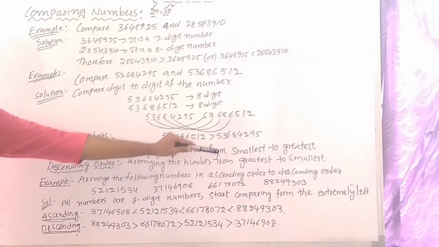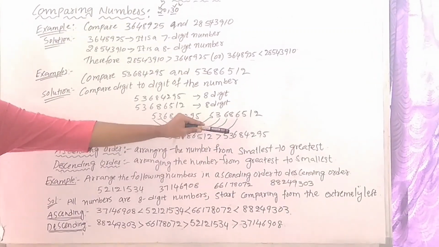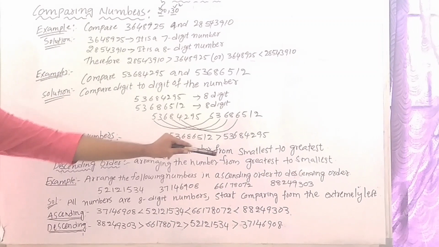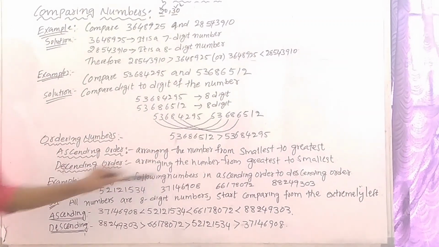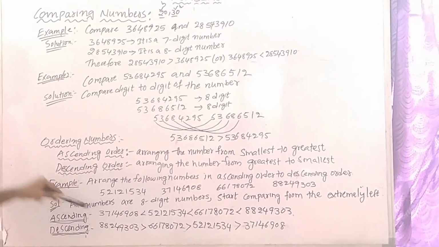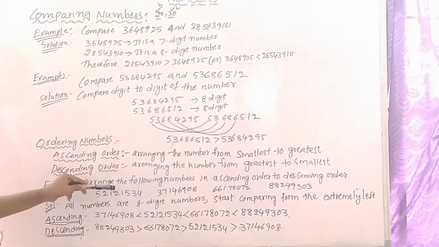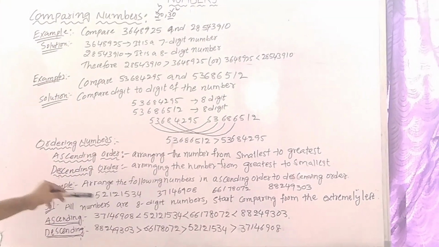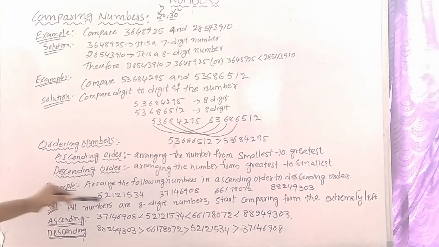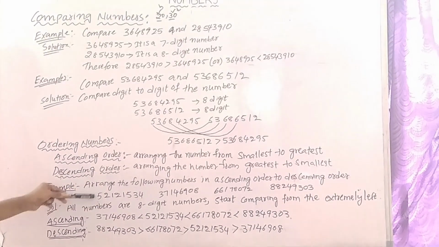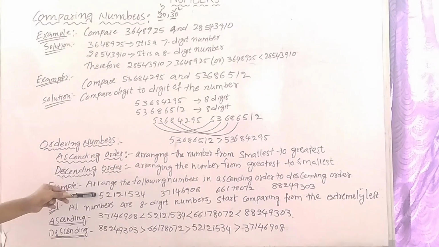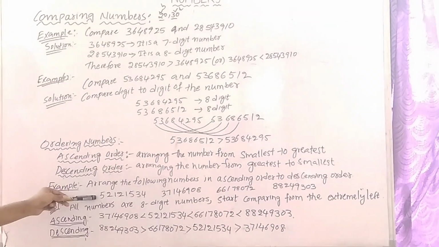That number is also an 8 digit number. All numbers are 8 digit numbers. We have to start comparing from the extreme left, not right, extreme left. From the left digits we choose which is the greatest and which is the smallest.